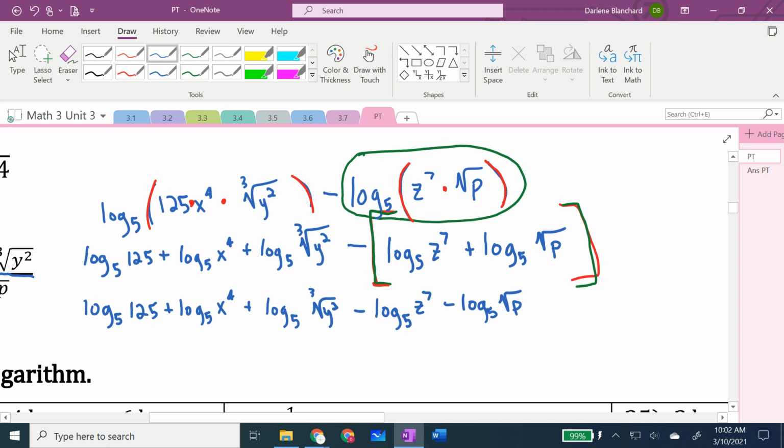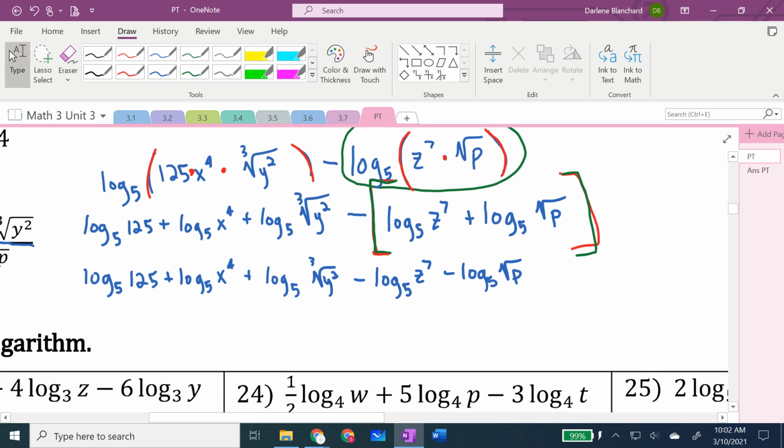If you feel comfortable going straight to this last line that I wrote, feel free to go straight there. But I wanted to make sure I didn't lose anyone by showing that progression. So now there's a little bit more I can do to expand.